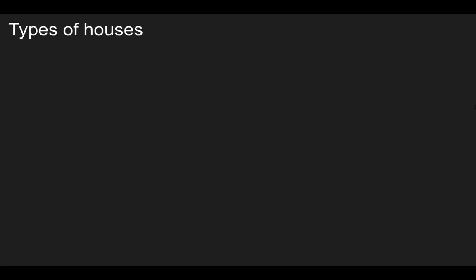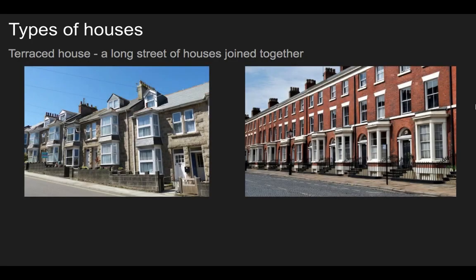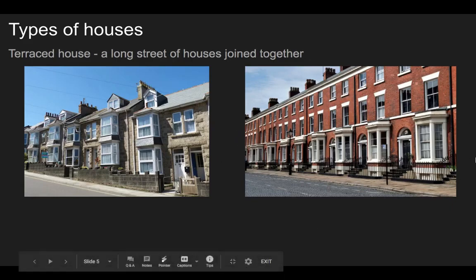Okay, and the last type of house is the terraced house. A terrace is on a street, a long street of houses, a long row of houses that are all joined together. So you can see here we have 1, 2, 3, 4, 5, 6, 7, 8, 9. Just in this photo, 10 houses.